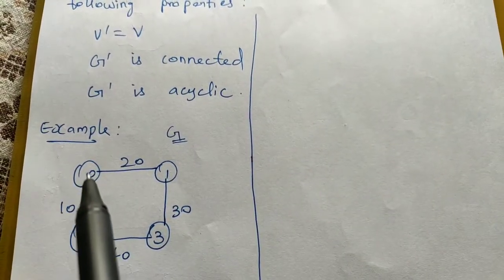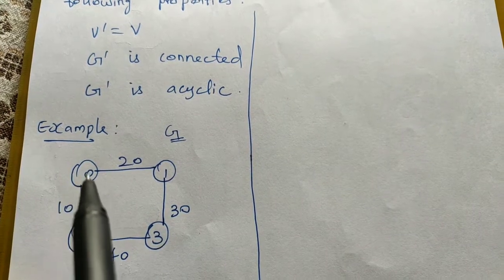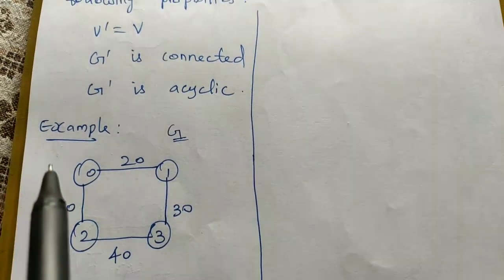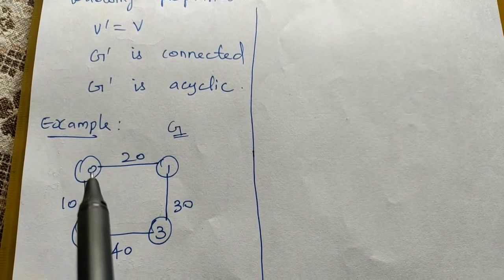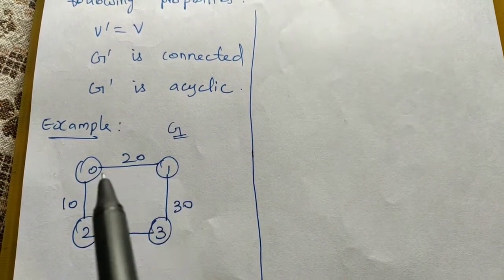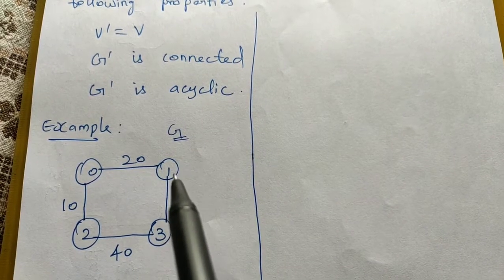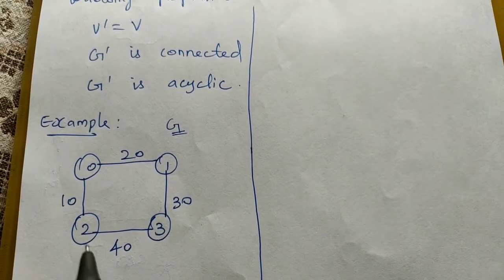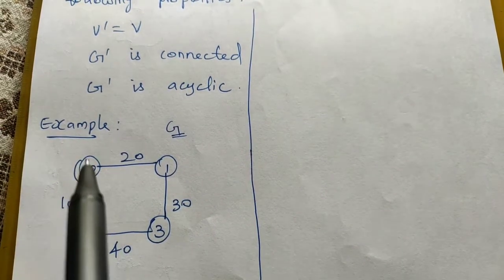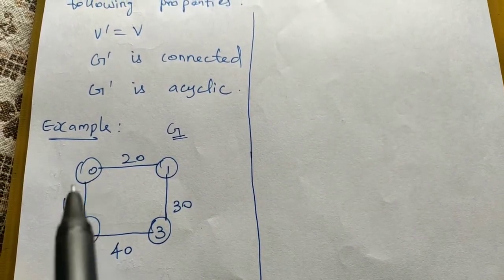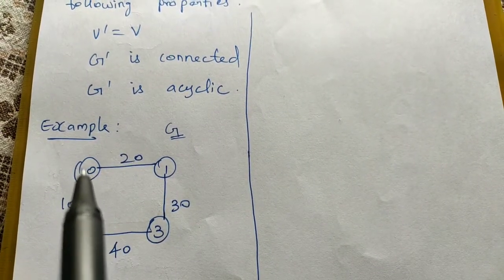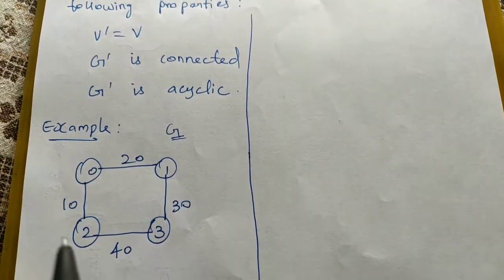Now, I call this graph a cyclic graph because, consider the 0th vertex. You start from 0, you reach 1. From 1 you visit 3, from 3 you visit 2, and from 2 you are able to go back to the starting vertex 0. Starting and ending at the same vertex forms a cycle.